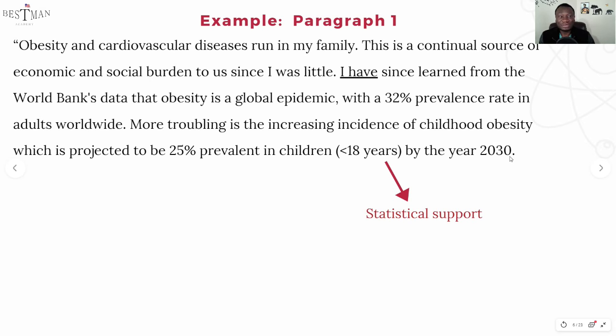Now you can see this student started with a personal issue. Then he used well-known data from the World Bank to support how bad this problem is. So that's the statistical support.